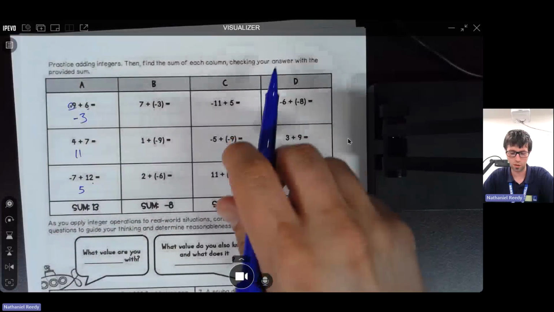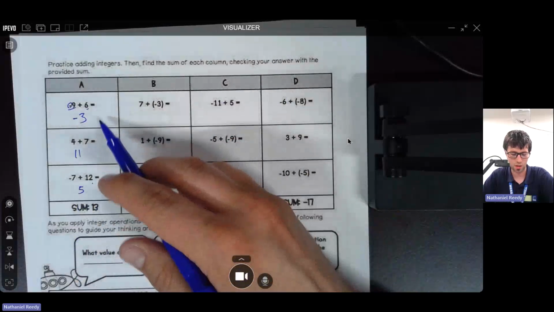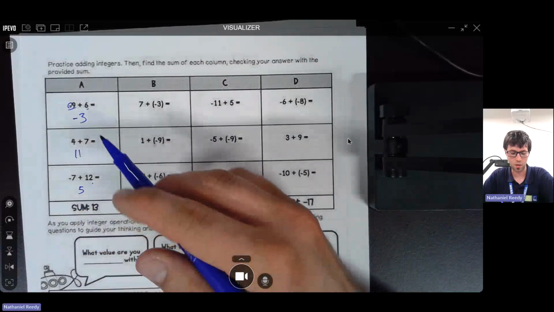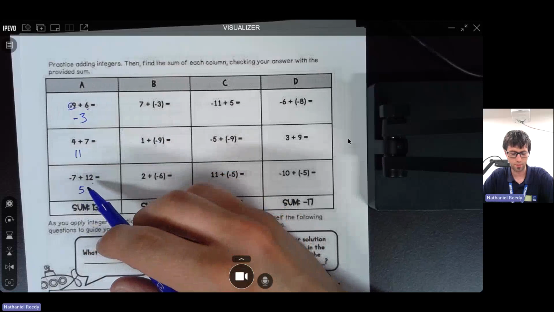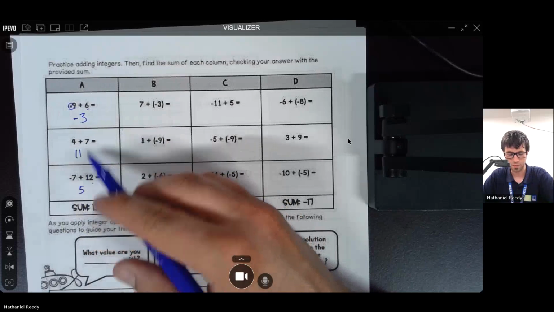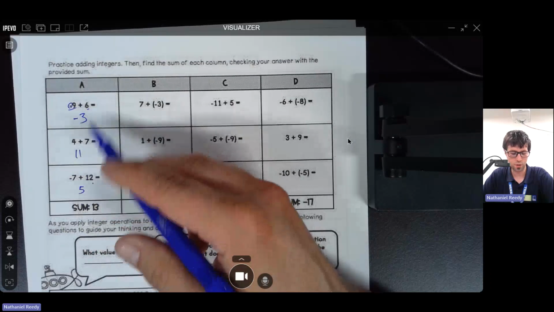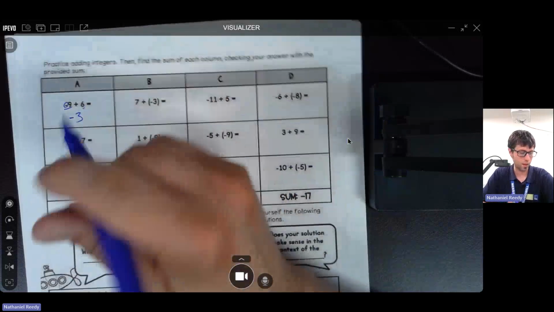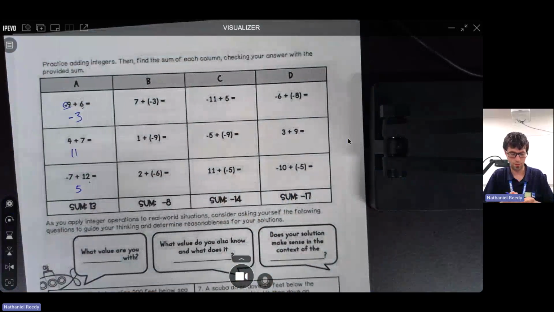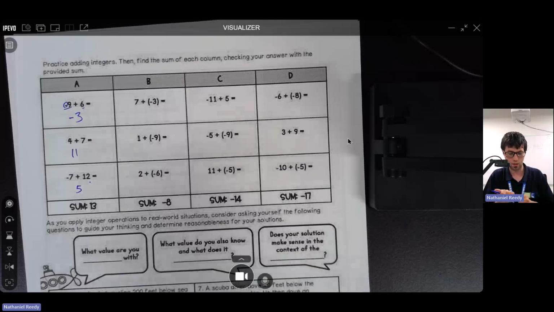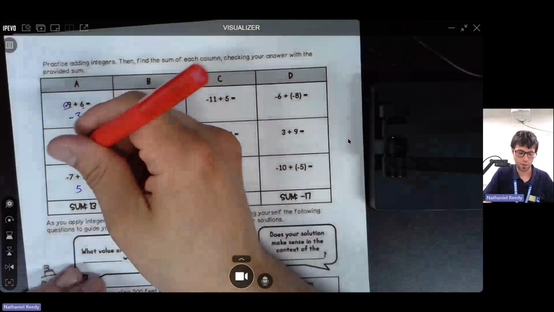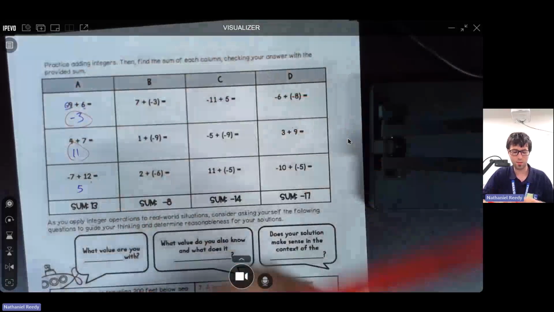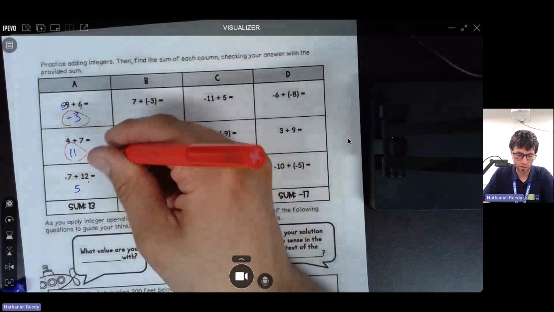Now what we're going to do, according to the instructions, is check our answers by adding all these numbers together. So -3 + 11 + 5. Let's just take the first two and do those together. So 11 and -3, since they have opposite signs, I'm going to subtract. So 11 - 3 gives me 8.